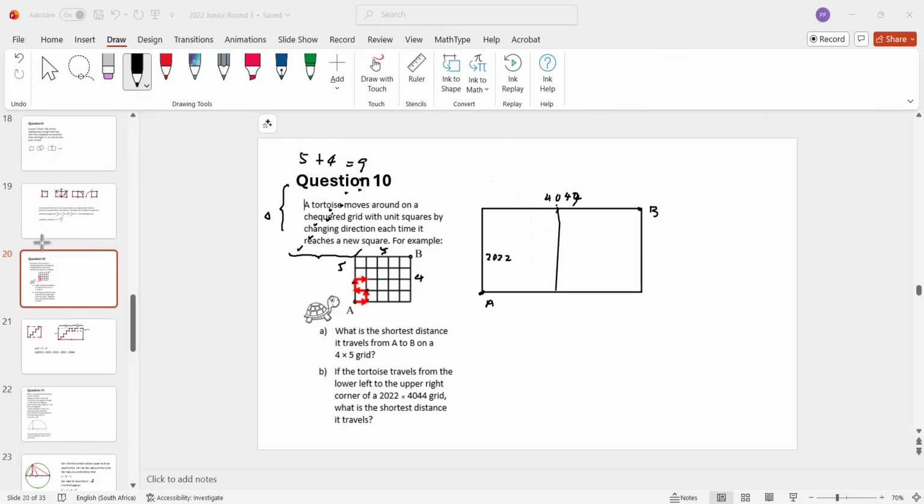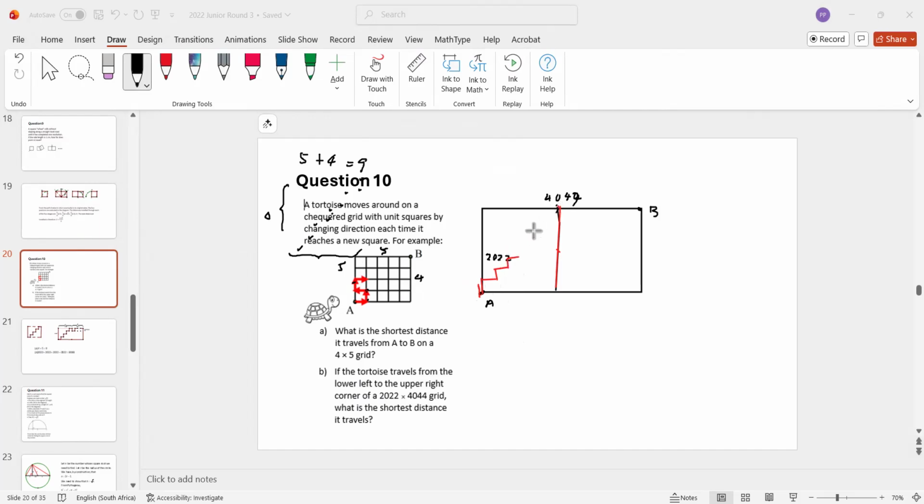It wants to travel the shortest distance, so it'll just keep going like what I did earlier on, up, like that, like that, like that.